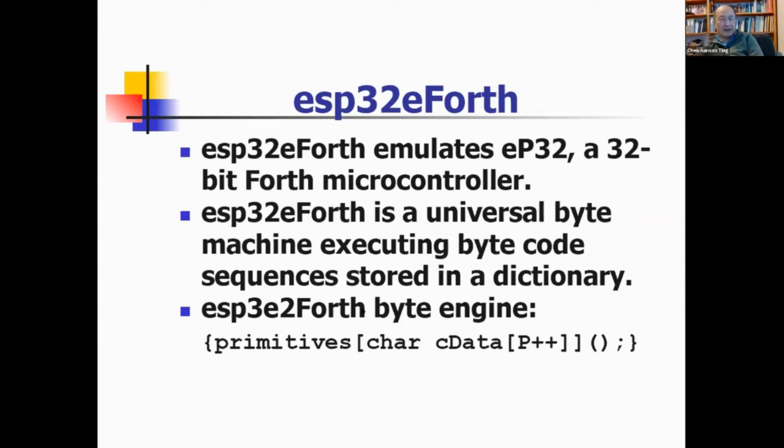So here is the byte engine, one line of code in C. It just picks up the next byte in this data memory, in this dictionary, and then executes that bytecode from this primitive code table.